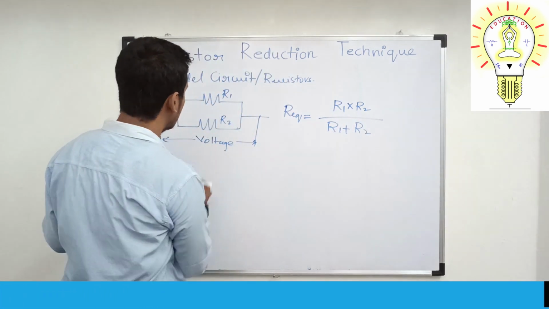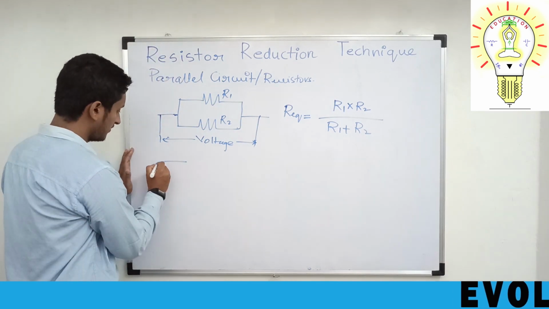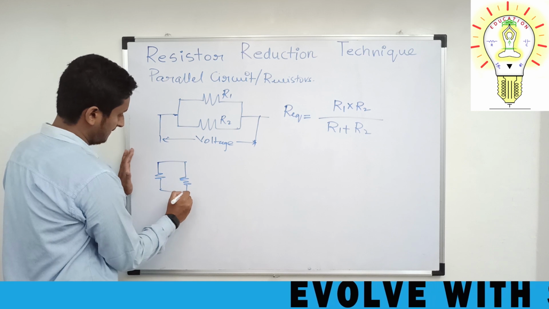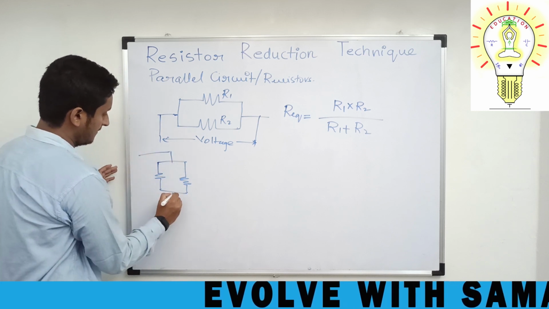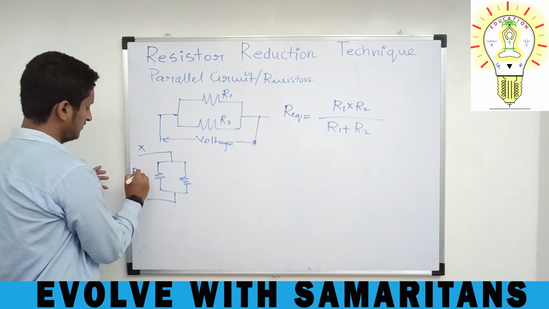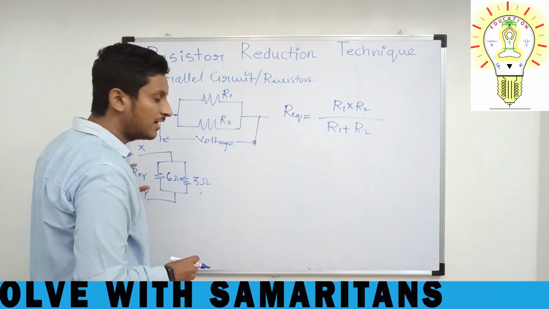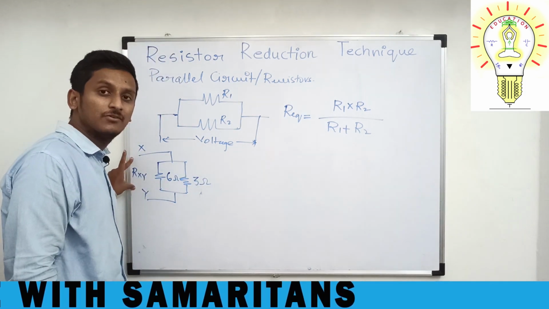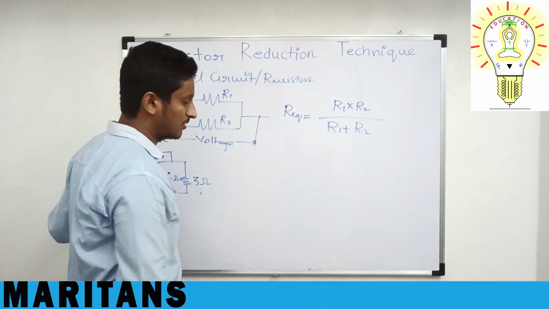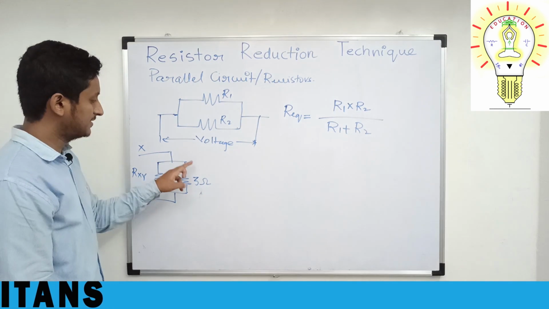Okay. Now, let us take a problem. If I have to calculate the resistance between X and Y, I have to apply this formula. So, this is R1 and this is R2.